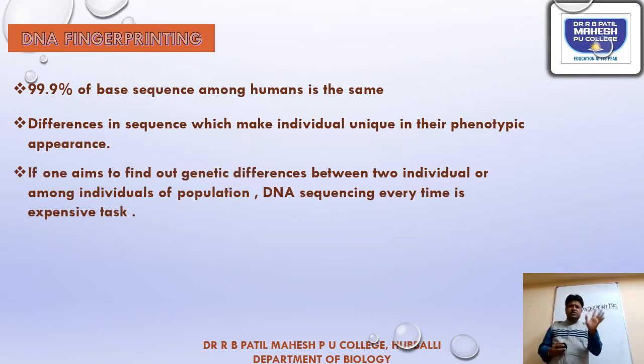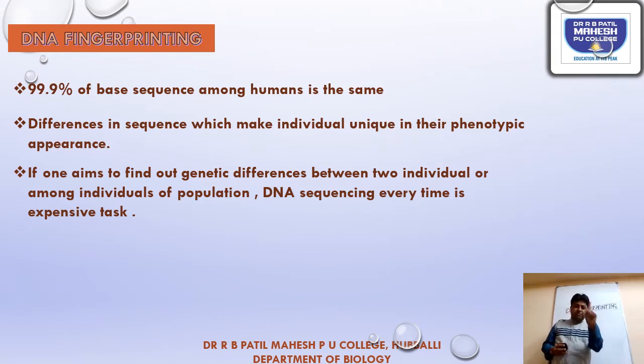To find out these differences among individuals or between two individuals in a population, it's very difficult. For example, if you go for DNA sequencing every time, it's a very expensive task, because in the Human Genome Project we discussed that the human genome is made up of 3.3 times 10 to the power 9 base pairs.